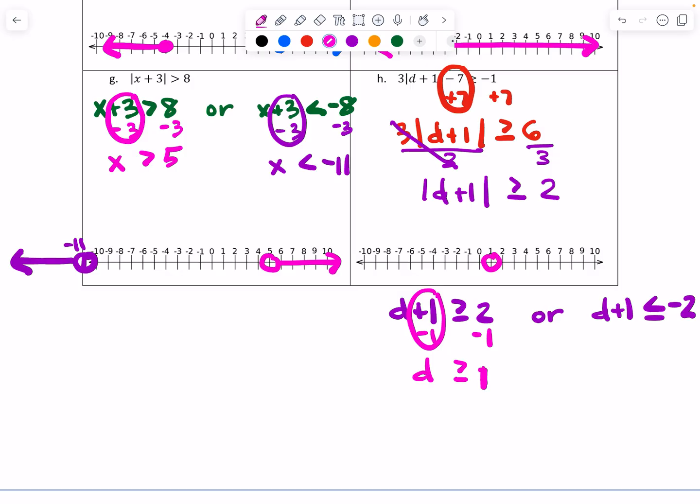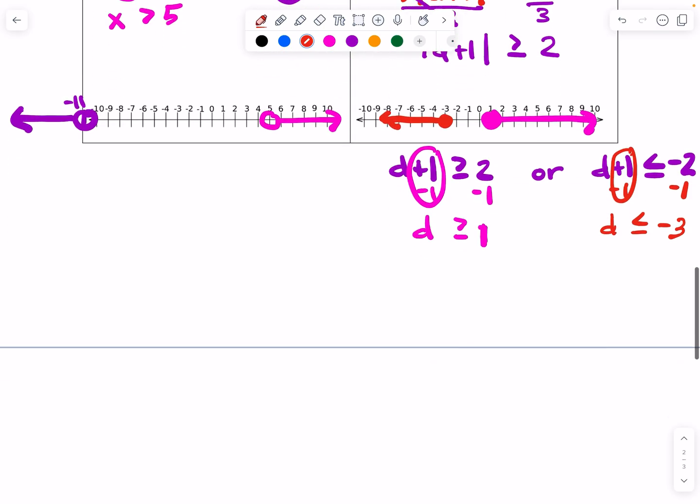So circle the 1, fill it in, everything to the right. On the other side, if I subtract 1 from both sides, this will add to 0 still, and I'll get d is less than or equal to negative 3. So circle the negative 3, fill it in, everything to the left.